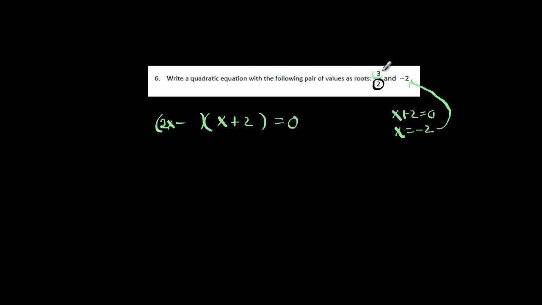And then the numerator is going to be this number here. And the reason why is because if we were to set 2x minus 3 equal to 0, we add the 3, and then we divide by 2. So x is 3/2.